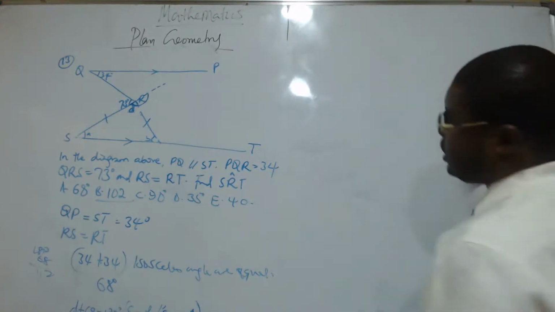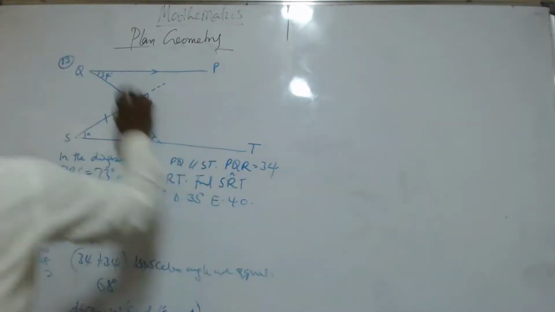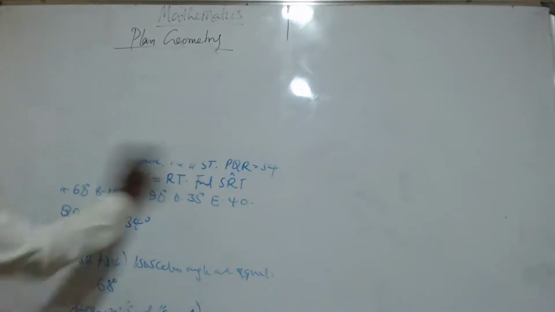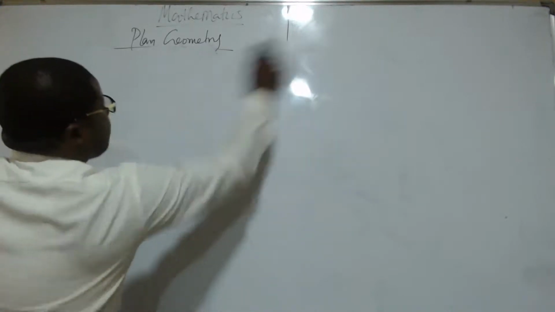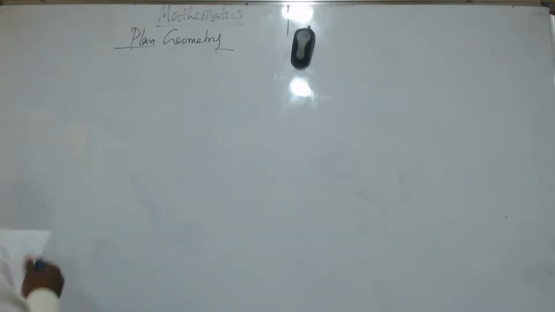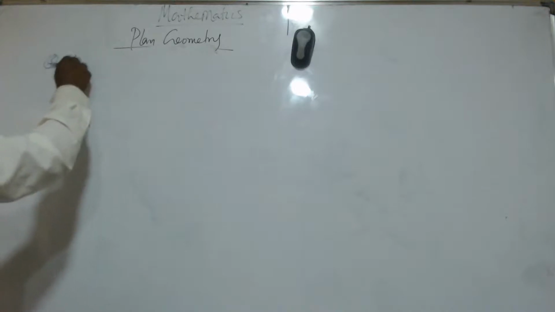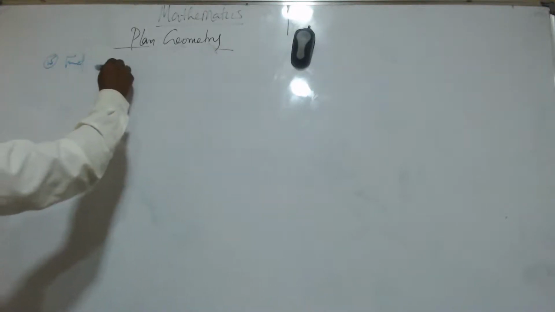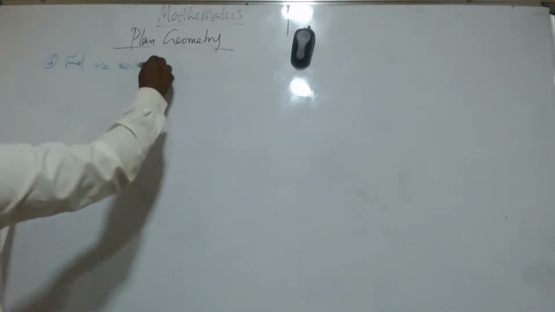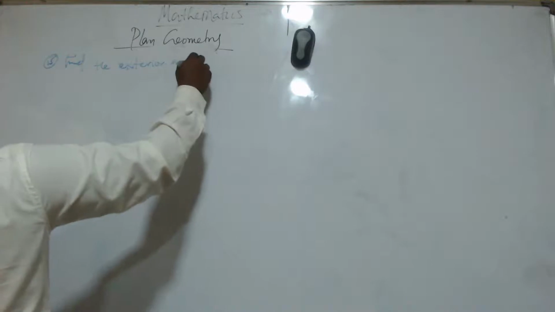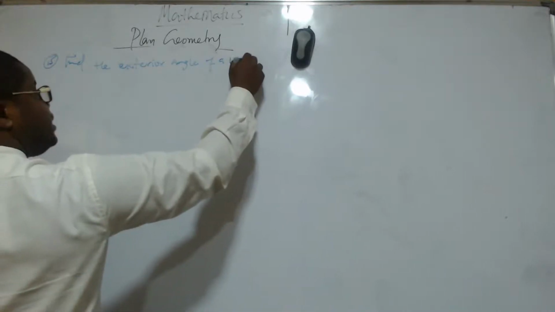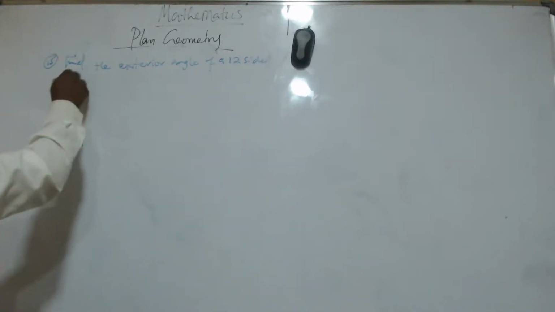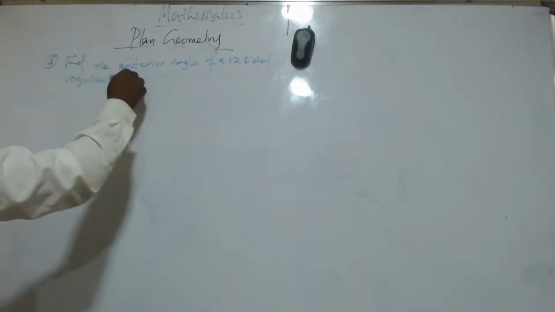Okay? Now let's proceed to the next one. The next question says: find the exterior angle of a 12-sided regular polygon.